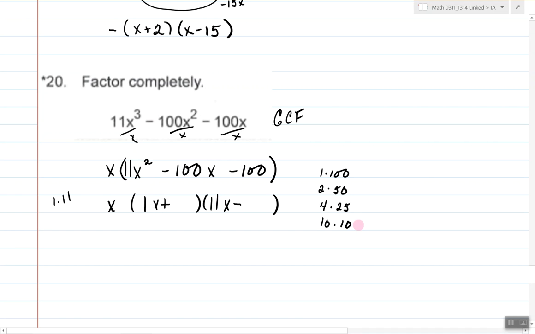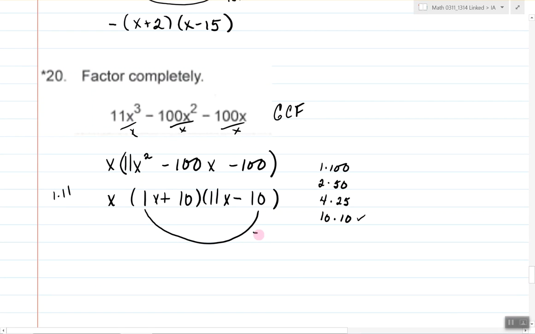I'd like to start with the factors closest in, so I'm going to go ahead and start with 10 and 10. This gives me an outer product of negative 10x and an inner product of 110x. Well, that's pretty good. I take that difference and I get 100x.